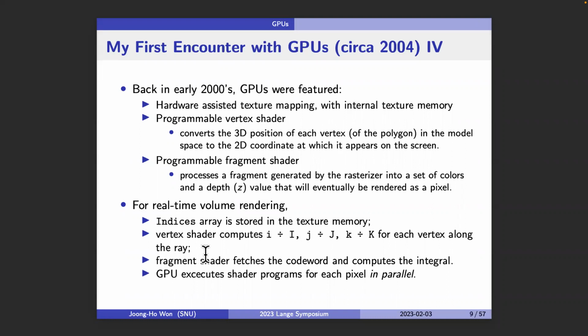And the fragment shader fetches the code word or the centroid from the index and then computes the integral. Then what is remarkable about GPU is that it can run these shader programs in parallel for every pixel that it renders. So even 20 years ago, it was parallel hardware.